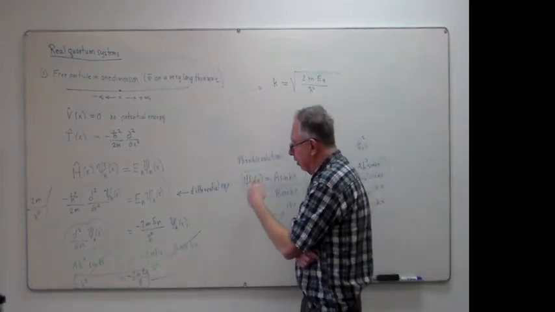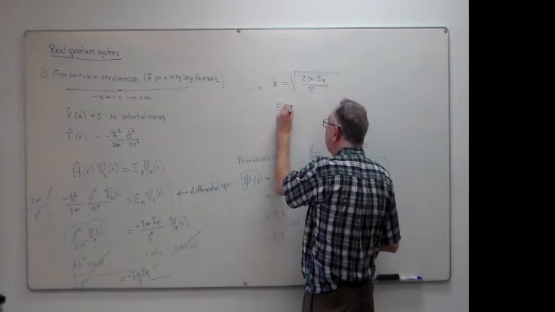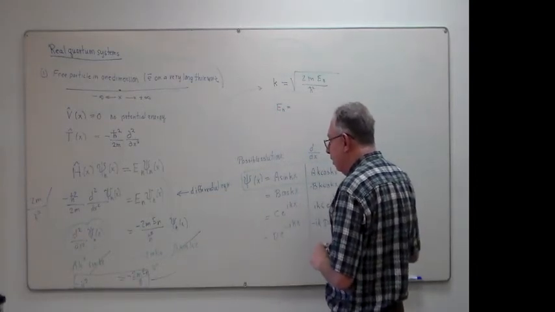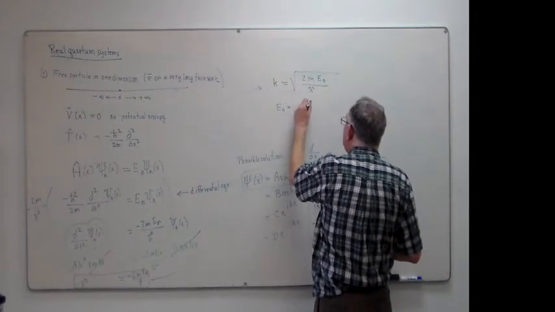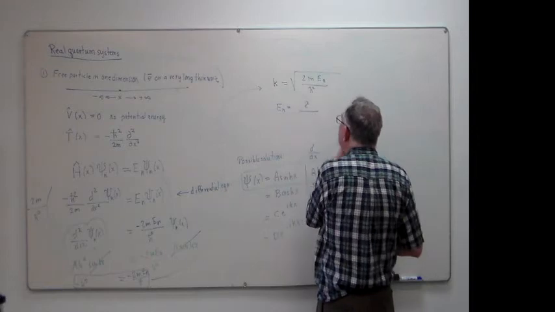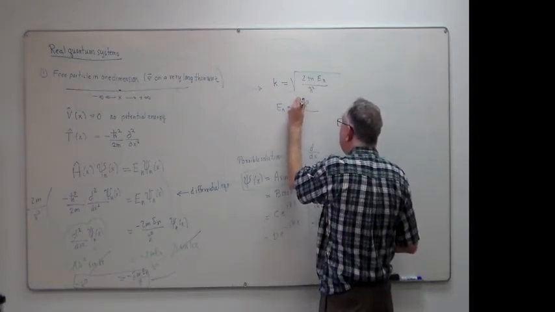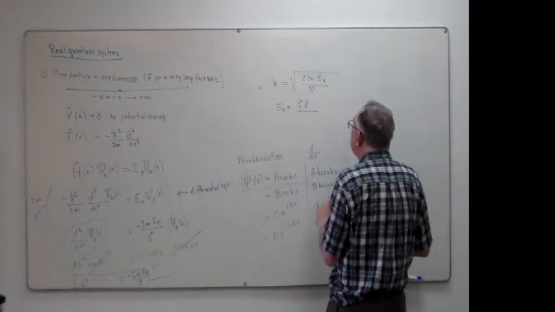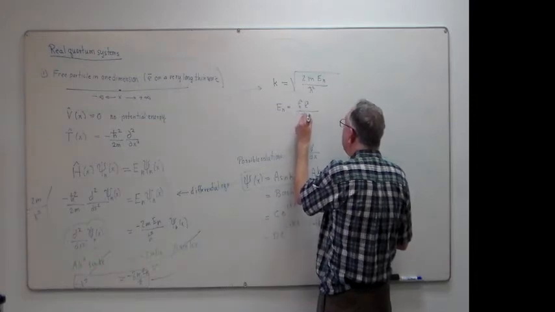Or if you wanted the energy in terms of k, we could solve for that too. That's E equals h bar squared k squared divided by 2m.